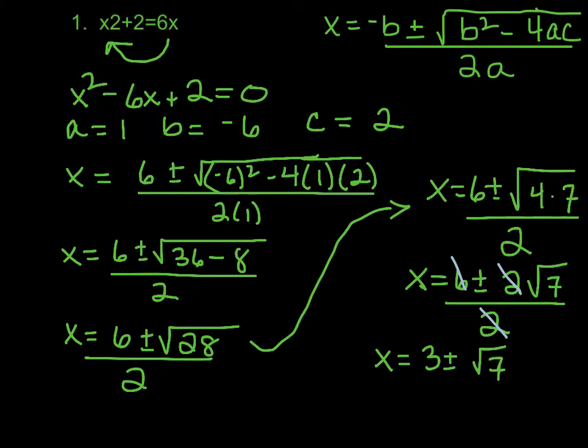And then the whole thing technically is over 1, but I don't need to write that either. So just kind of going back, if I'm dividing everything by 2 in the previous step, this would become a 3, this will become a 1, and this will become a 1. But those 1s are not necessary to write. So in simplest radical form, this is our answer to the first question.